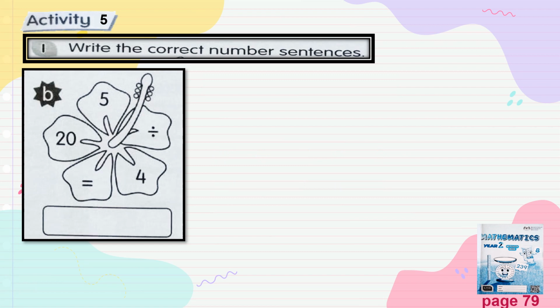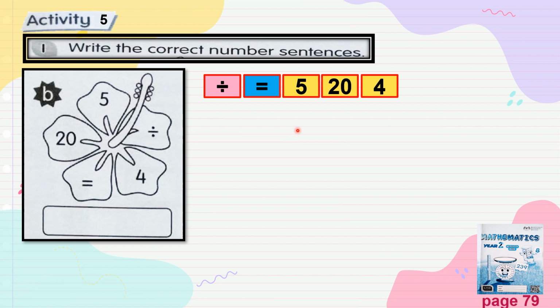Now, look at B. Let's arrange the numbers and the symbols to form a complete number sentence. Okay, we start from the biggest number, 20, then followed by the division operation. Then we choose either 5 or 4.